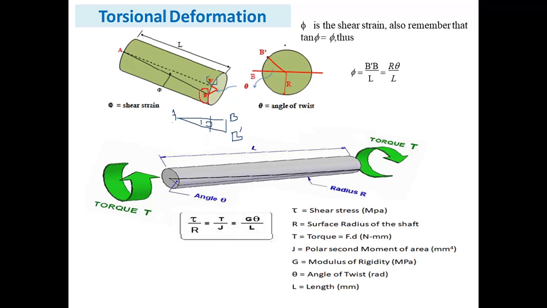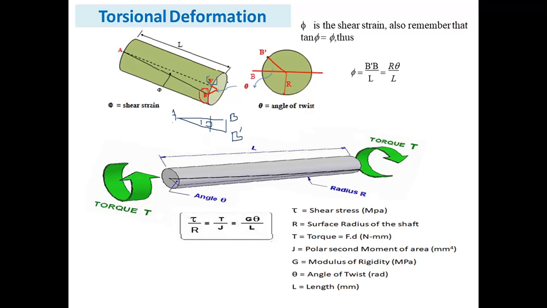When you consider the cross section of the bar, the displacement is denoted by theta, and this is known as the angle of twist. Here the deformation, that is phi, is very small. What we consider is tan phi, the angle at A, and tan phi is nothing but equal to phi because it is a very small angle, right?